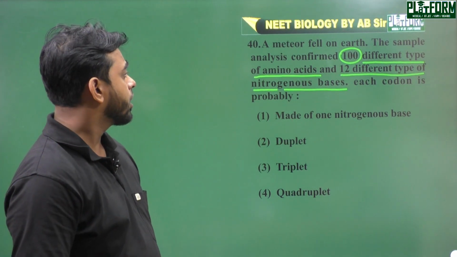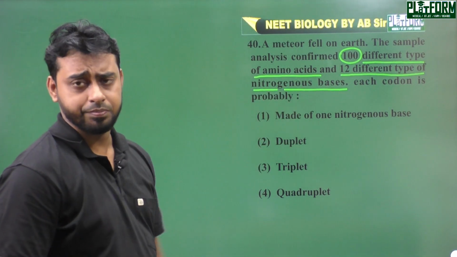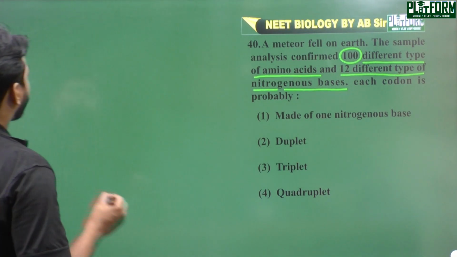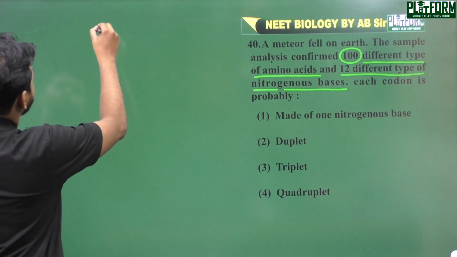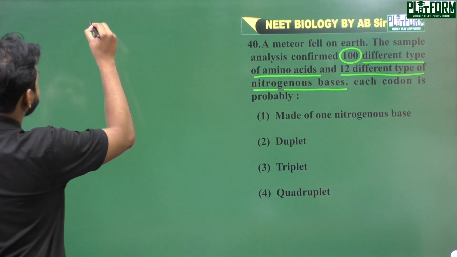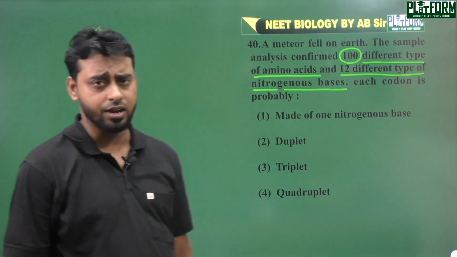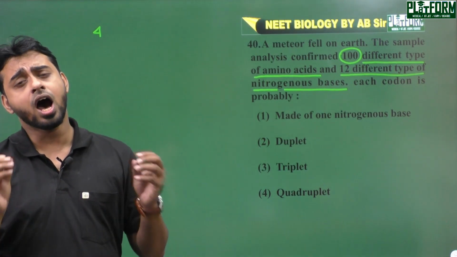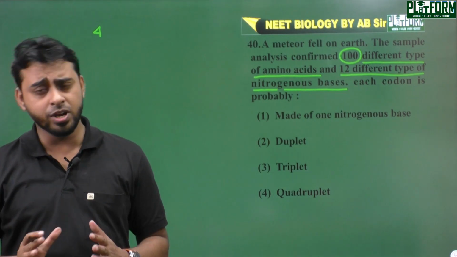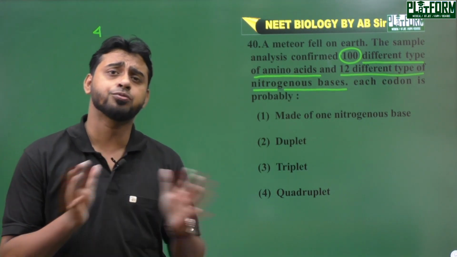Okay? Each codon is probably. Now, we know that 4 nitrogen bases are there, and these 4 nitrogen bases are involved in the formation of different types of codons.